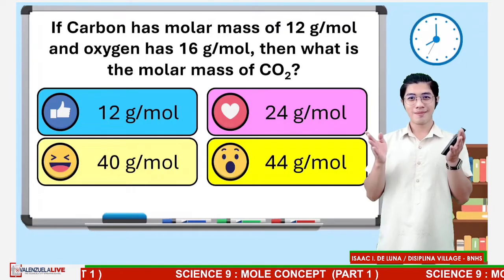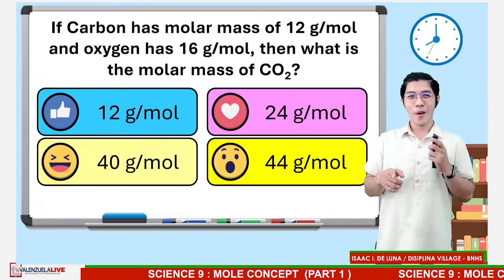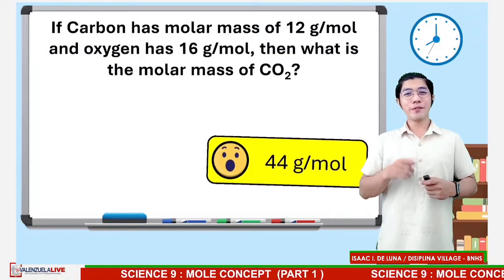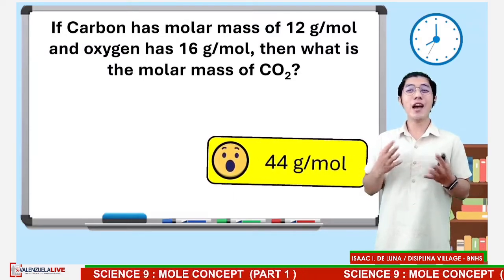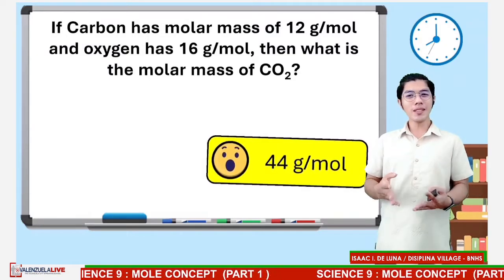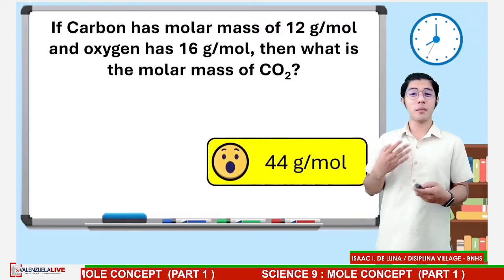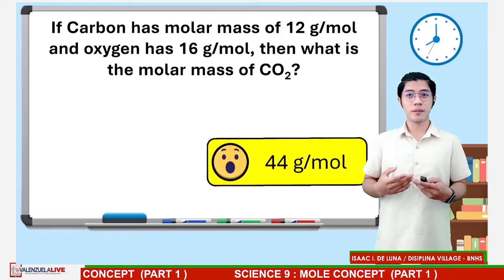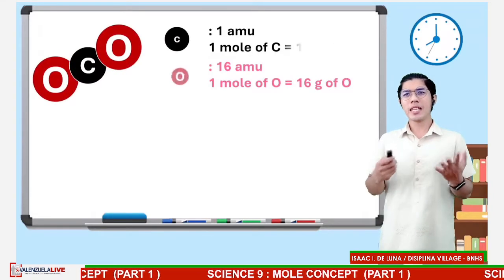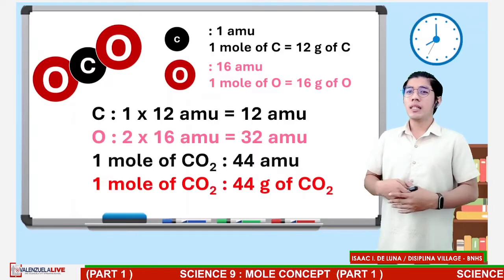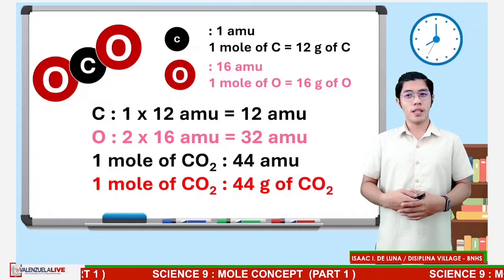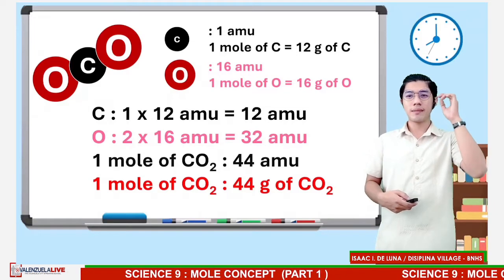Time's up. If your answer is 44 grams per mole, then you're definitely correct. Well done, students. Now, let's take a look at how we come up with this answer. It can be calculated by following the steps we have done a while ago, just like this.